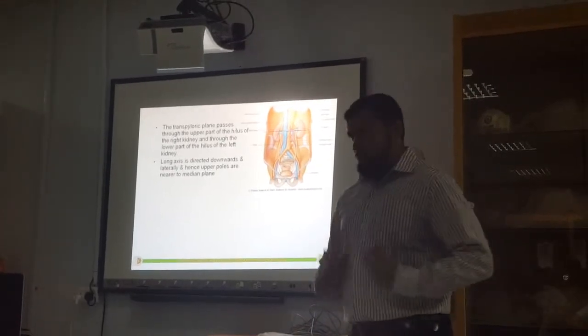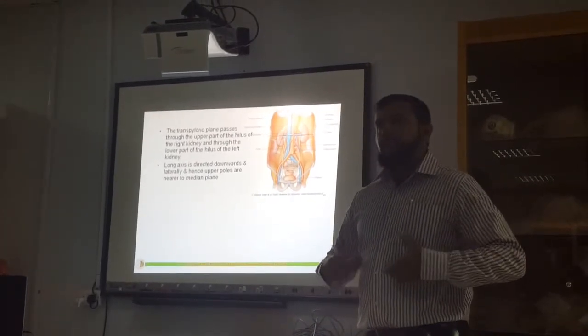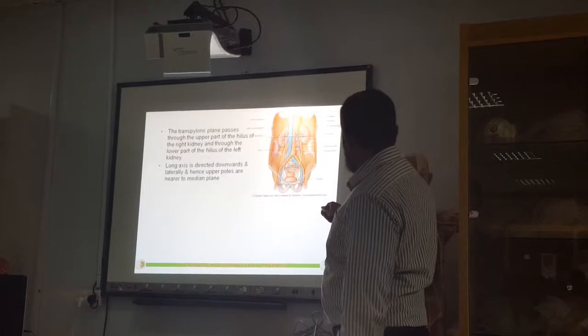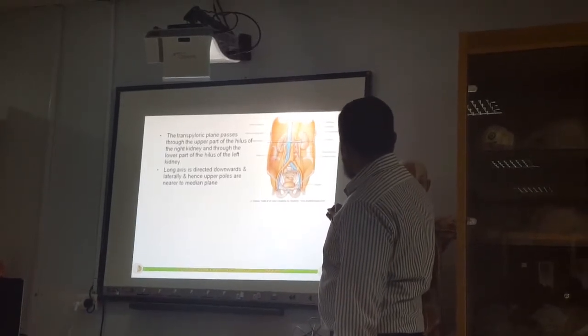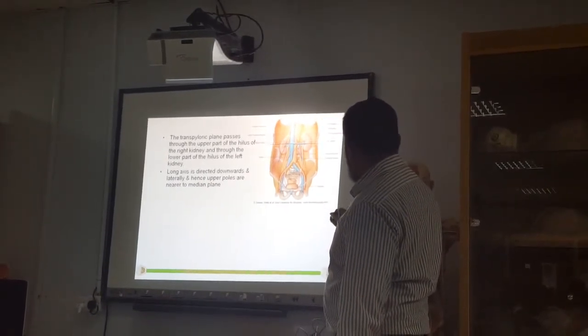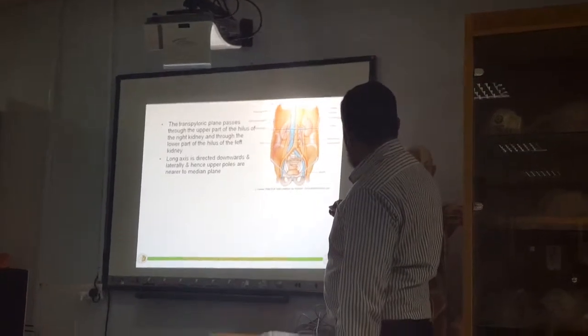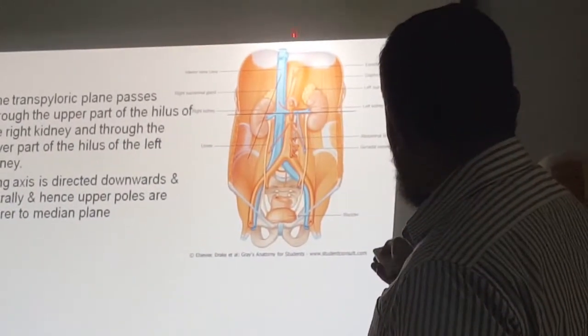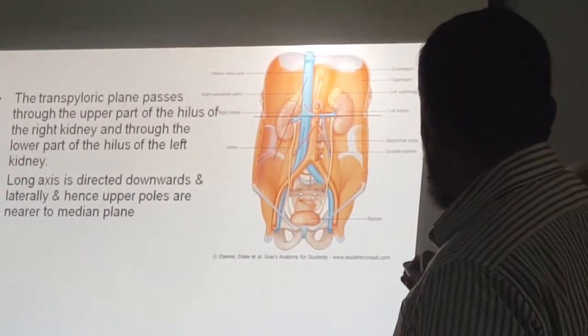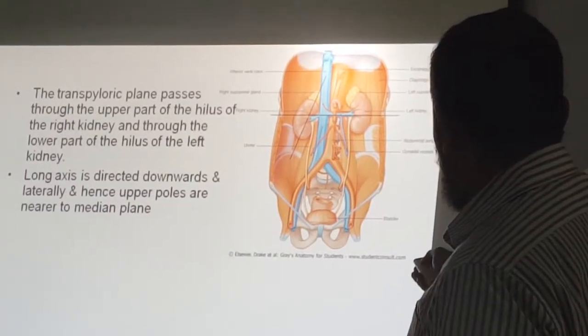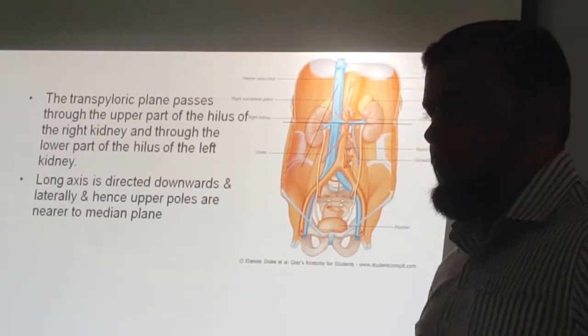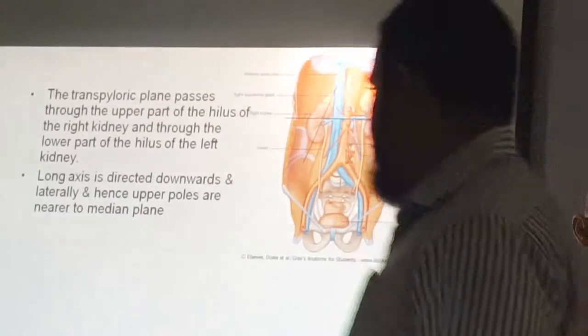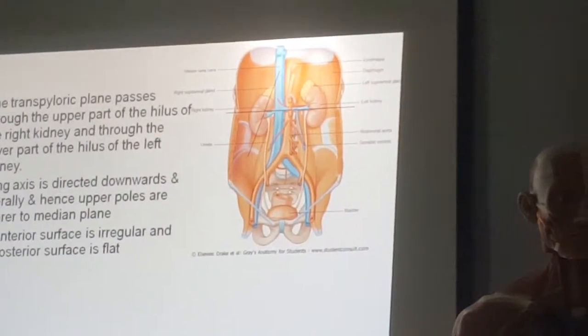So it is not vertically straight, but slightly bent like this. If you see here, the upper pole is closer to the midline, compared to the lower pole. So if you pass the vertical long axis of this kidney, it will be oblique like this. Okay. So this shows the direction of the kidney.